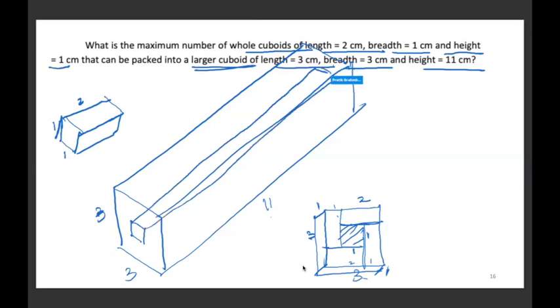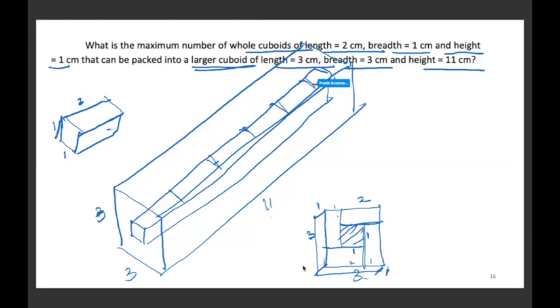how will that volume actually be accommodated? What you can do here is you can accommodate these boxes as vertical members like this. So 5 can be accommodated.